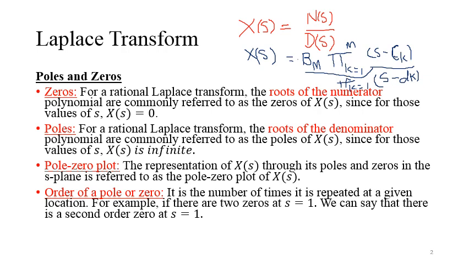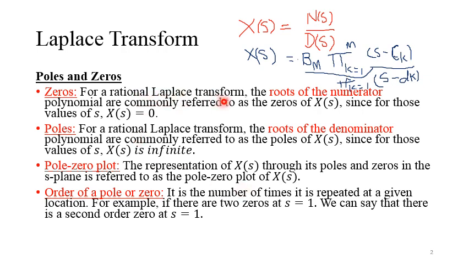This symbol is for product. So that's the generalized expression, which means we can represent it by the polynomials. Then we define two terms, poles and zeros.